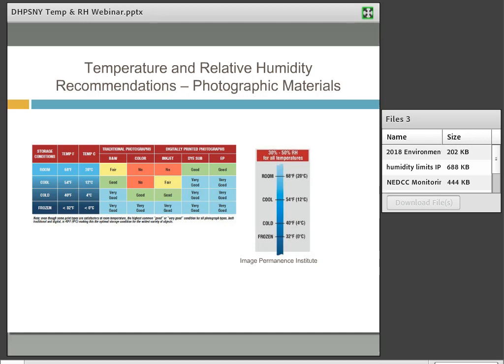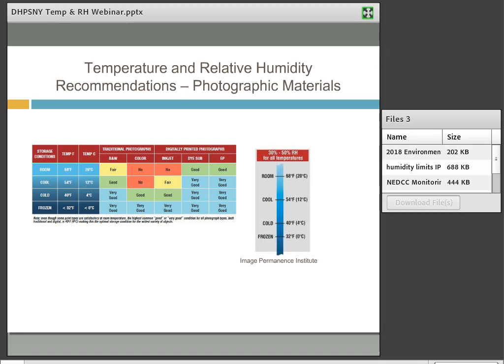Photographic materials are another matter altogether because they're incredibly sensitive to changes in RH and temperature. There are a lot of variables, so I have uploaded the Image Permanence Institute's Media Storage Quick Guide, which is great and very thorough. You can have a look at that because they're really the experts in this type of media. But generally, you do want to keep RH between 30 and 50%.